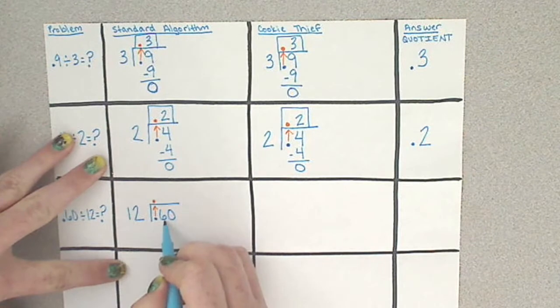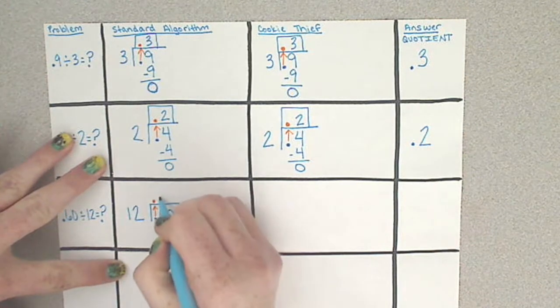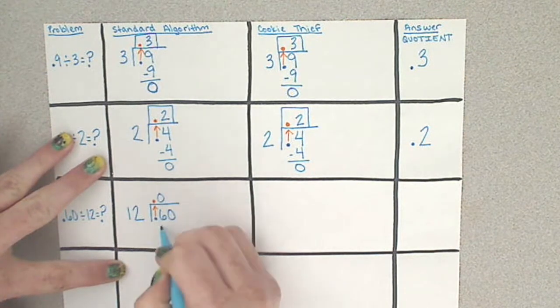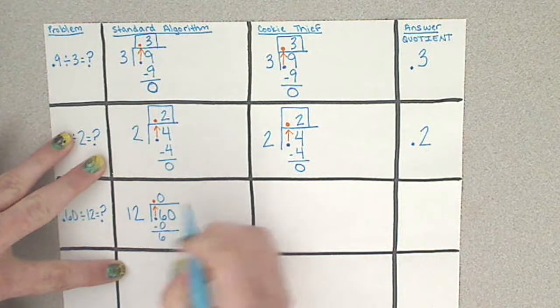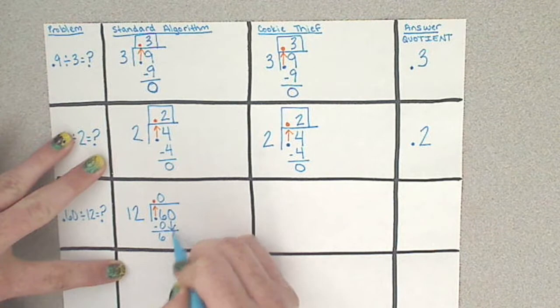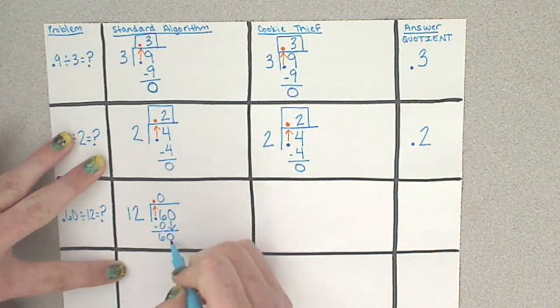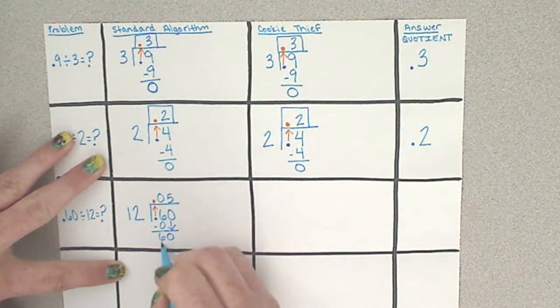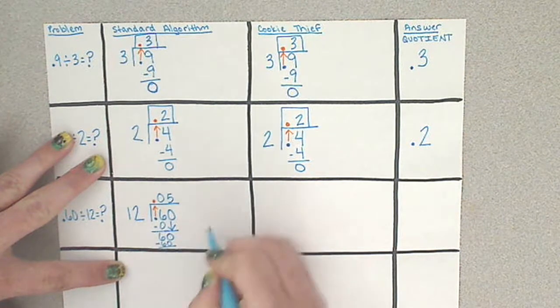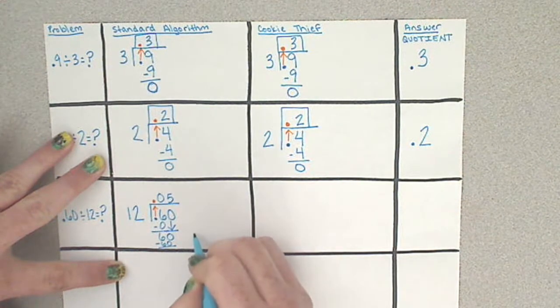I know that 12 cannot fit inside 6, so 12 times 0 is 0. I'm going to bring down my next number. 12 can go into 60 5 times because 12 times 5 is 60, and 60 minus 60 is 0.